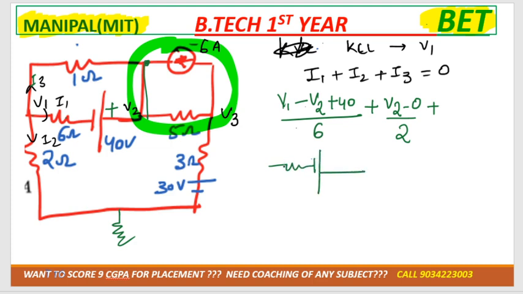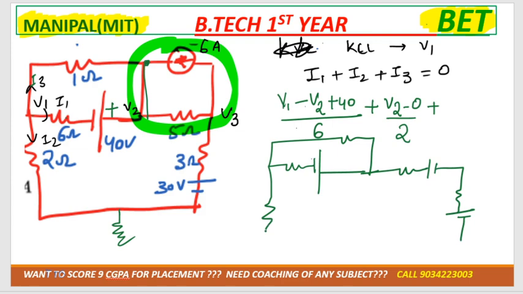Your diagram will look something like this, right. This is node V1, this is node V2 and this is node V3, correct. After this you can solve it easily.